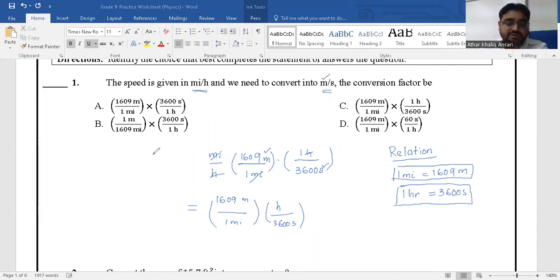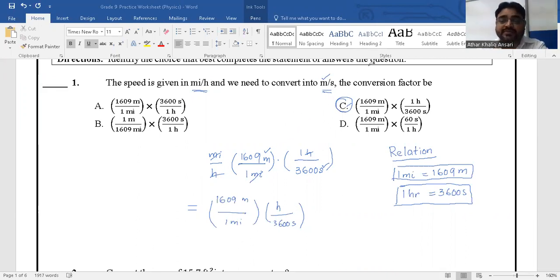So in my opinion, I think option C, 1600. Yes, option number C is the right choice.